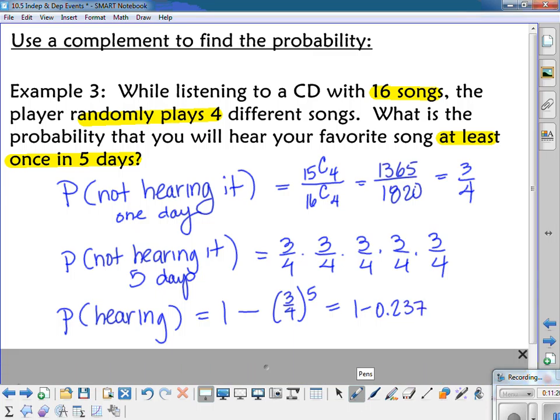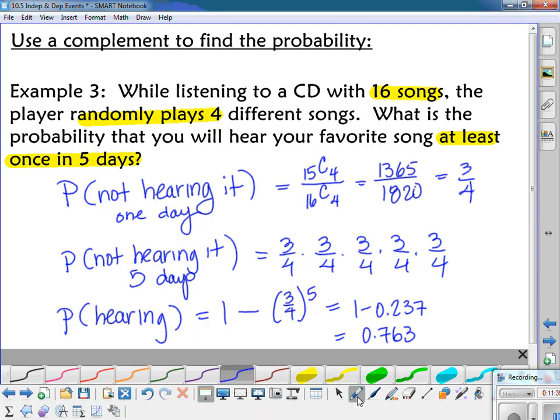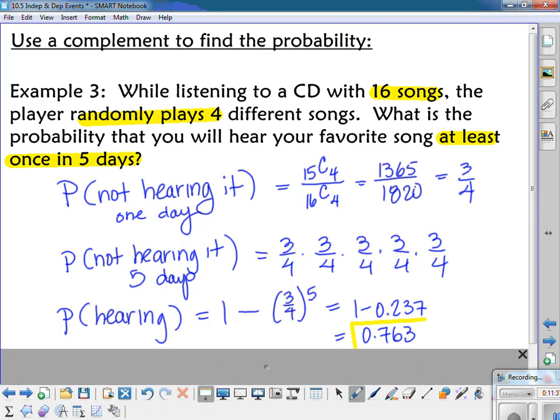So the probability of hearing it at least one time is 0.763. Okay. Questions?